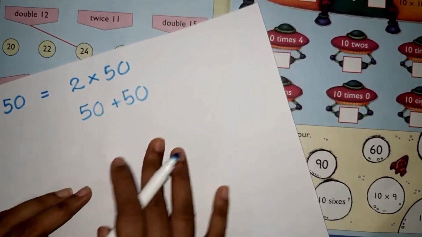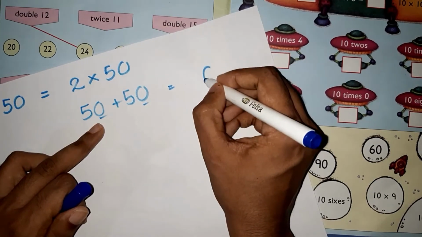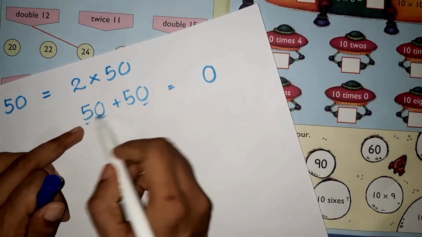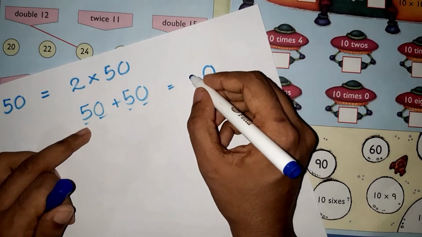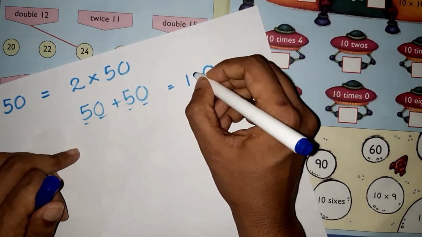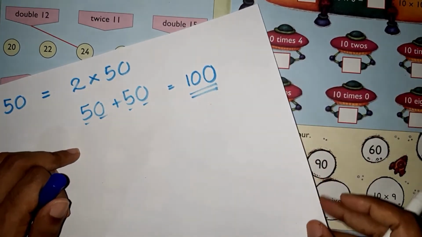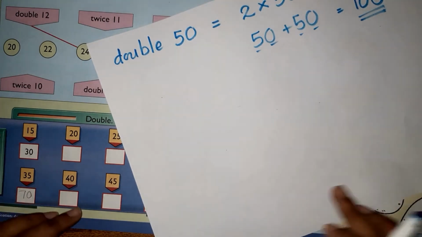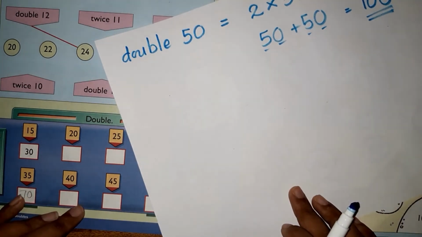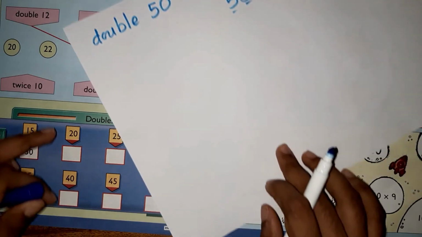What is the answer? 0 plus 0, we know it's 0. And 5 plus 5, we know it's 10. And there are no more places, so simply we can write 10 here. Answer is 100. And if you have any doubt regarding the previous equation, I'm going to do another one.